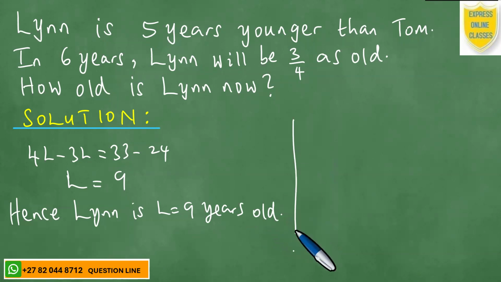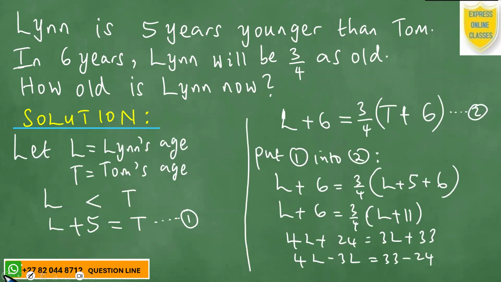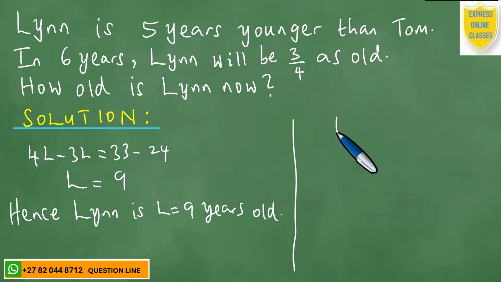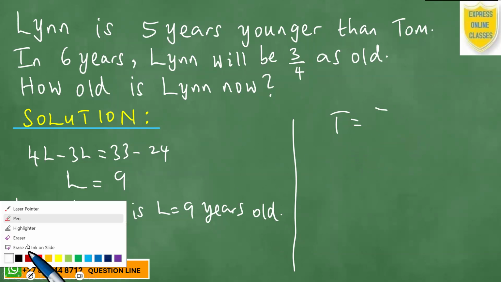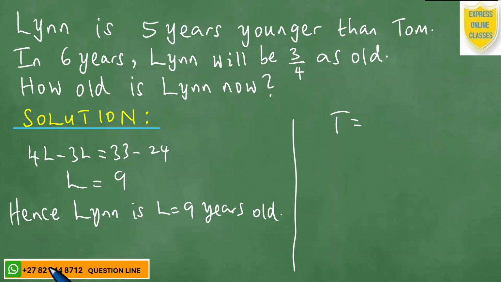Now let's think with me. How old is the other one, Tom? We need to get the equation for Tom. Tom is L plus 5, so Tom is the older one. Tom's age is the younger one's age, Lynn, plus 5, making Tom older.